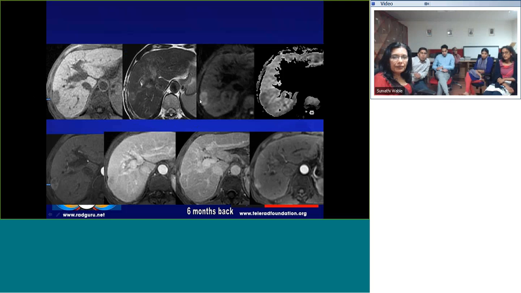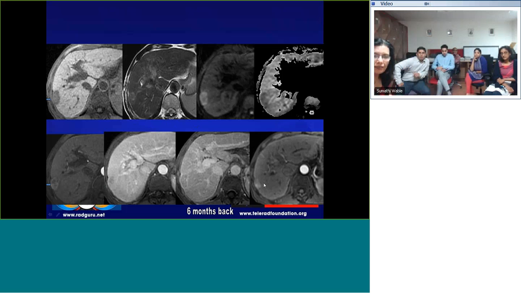And this is the diffusion weighted image showing the restricted diffusion. In the arterial phase, you can see the bolus in the hepatic artery and the aorta. There is definitely some enhancement, and in the delayed phase, I don't know if you can see, there is some washout.